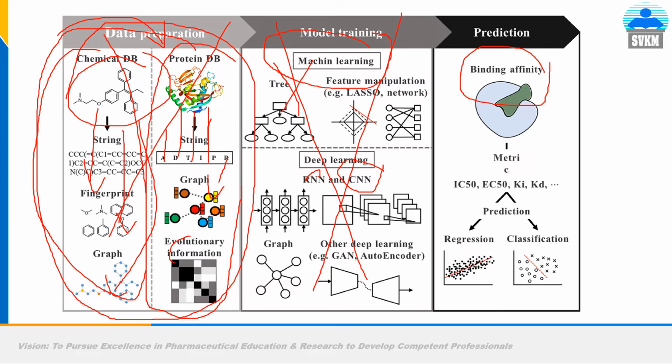That is called a classification type of problem. Or if you are interested in noting down the binding energy score or other score, docking score, affinity score, then it is called a regression type of problem.